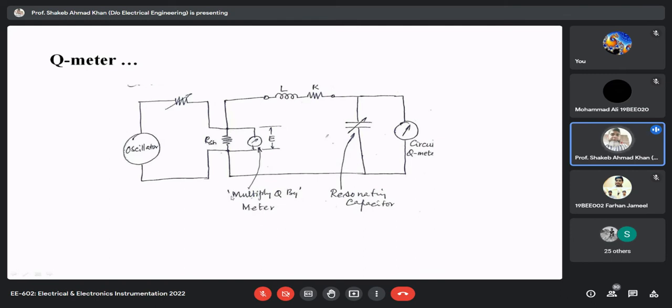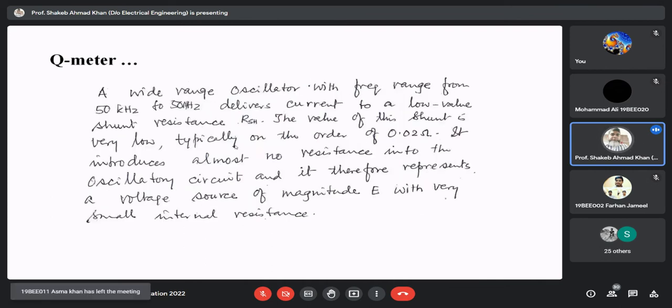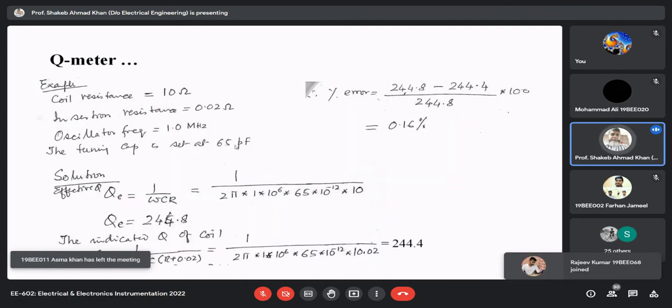The whole excitation is dropped across a small shunt resistance, around 0.02 ohm, and this works as a voltage source for the whole circuit with a very small internal resistance. Even with this small value, there is an error in the measurement.